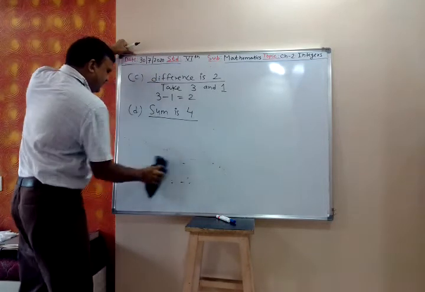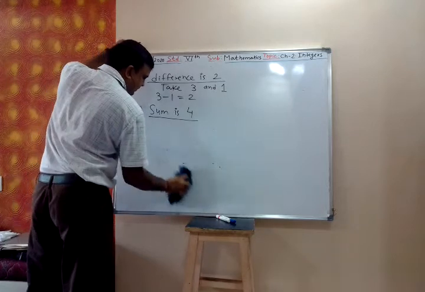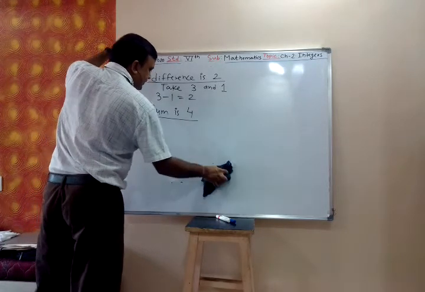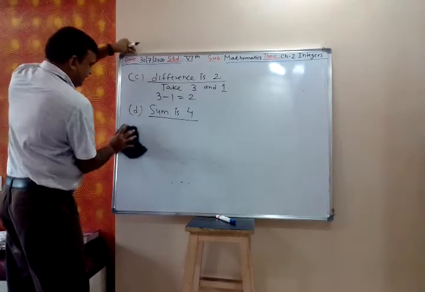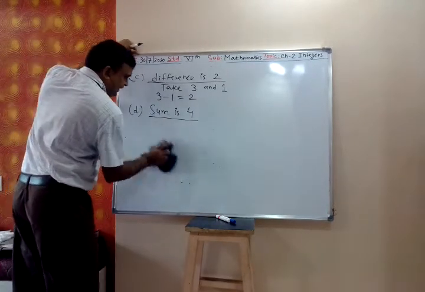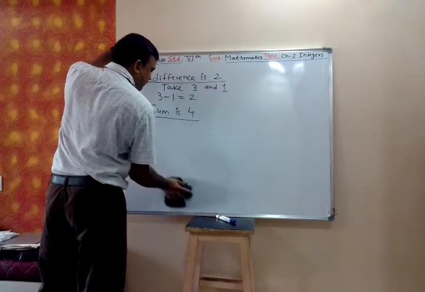Because it is sum. Sum means addition. You have to add. Difference means subtraction. You can take any numbers, but the condition must be satisfied: their sum must give you 4.